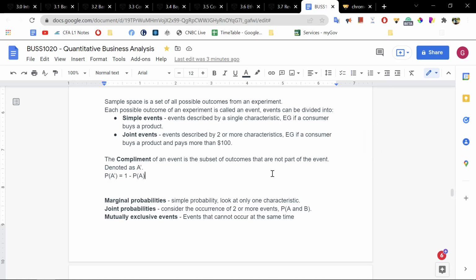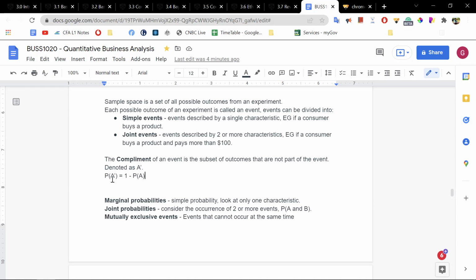A complement of an event is the set of outcomes that are not part of the event, noted as A prime. So A with that little dash at the side, that's called A prime. This is the idea of being collectively exhaustive.